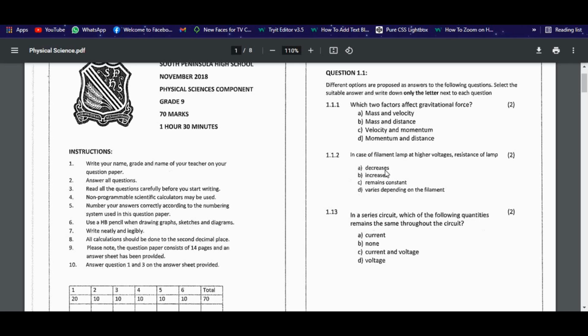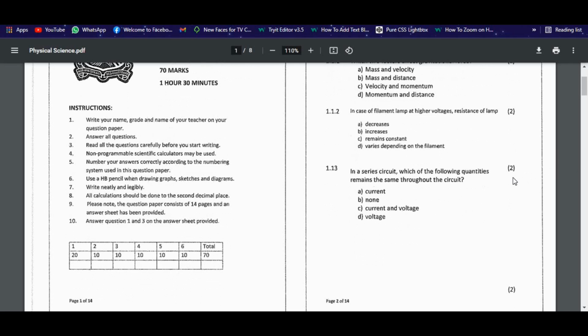So what I understand about a filament is that if you increase the voltage, usually the filament is only designed to handle a certain amount of voltage. The light bulbs will tell you how much voltage it can go through. If the voltage is obviously too high, the resistance will not be able to compete with the voltage, and the filament will either blow, or it will stop working and go out.